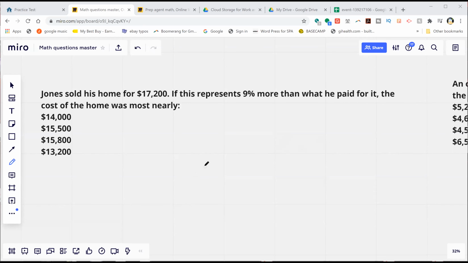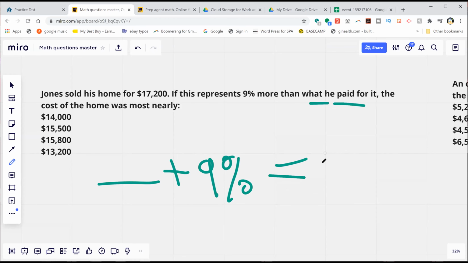I think this is what he paid for it. So he paid a certain amount. He made 9%. And then that 9% increase was 17,200. Do you guys all understand how I got there?